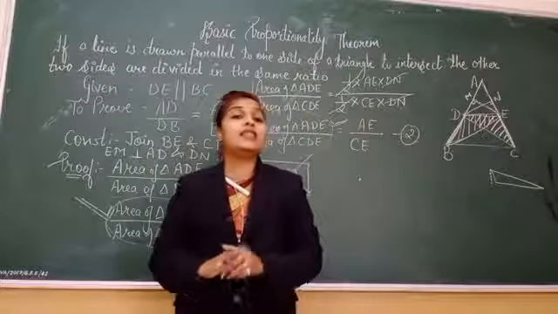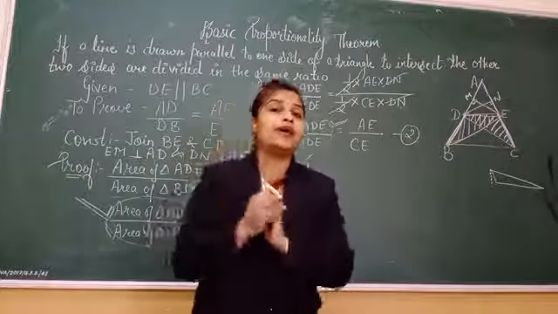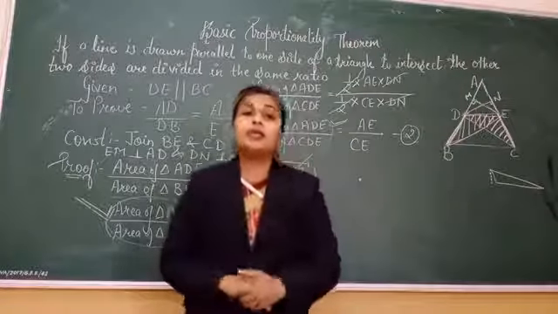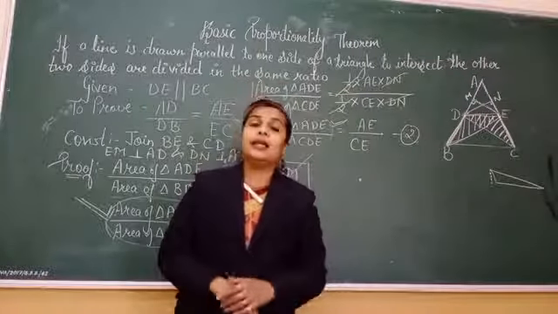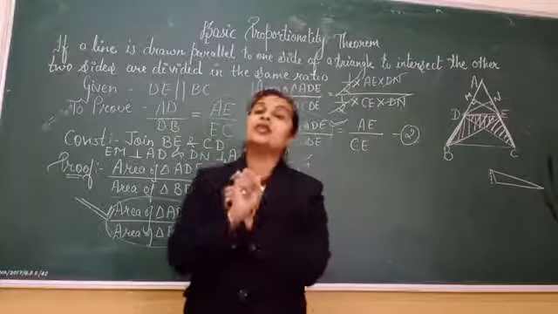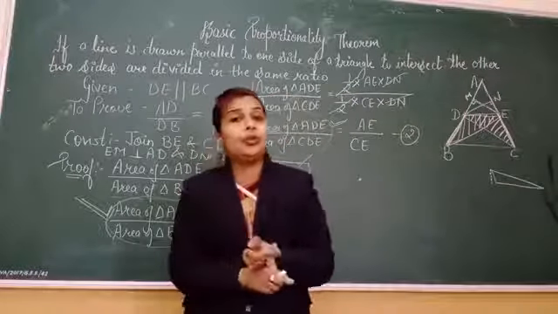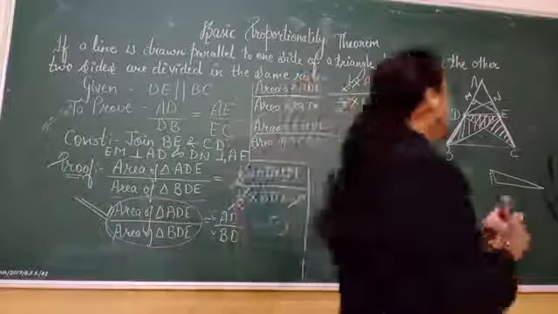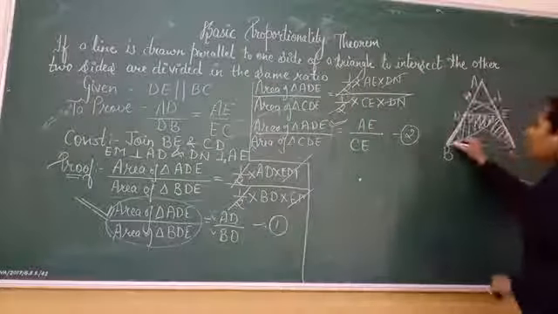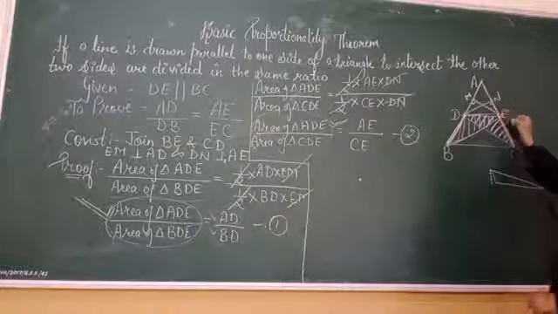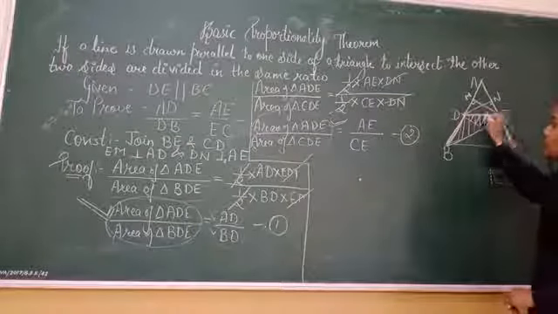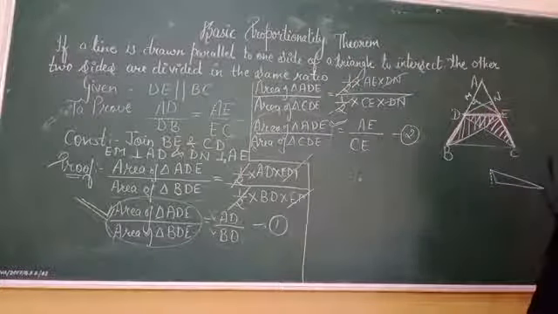In class 9 we have learned some theorems between parallel lines. Which is that theorem? Yes, the theorem is that triangles on the same base and between the same parallels are equal in area. You can see that triangle BDE and triangle CDE both lie on the same base, the same base DE.